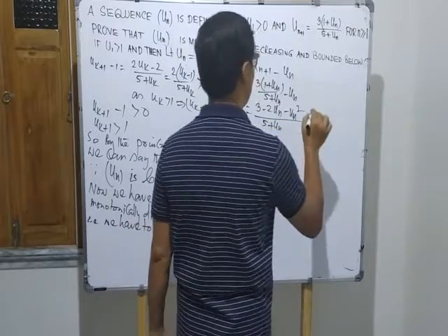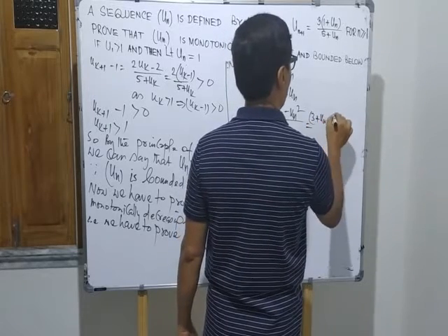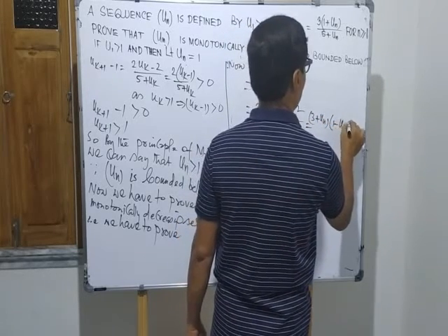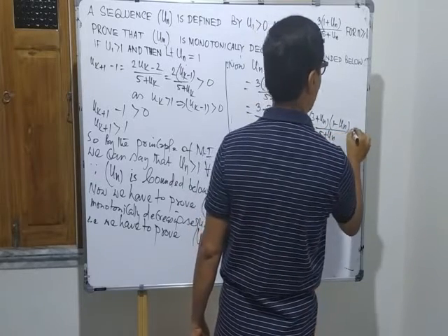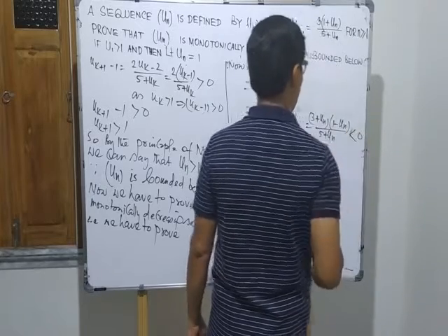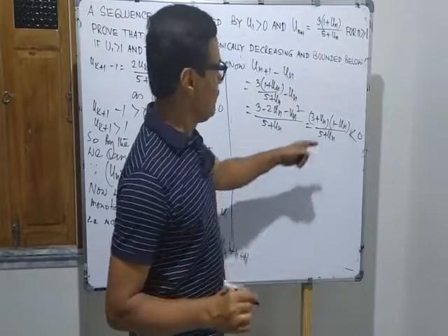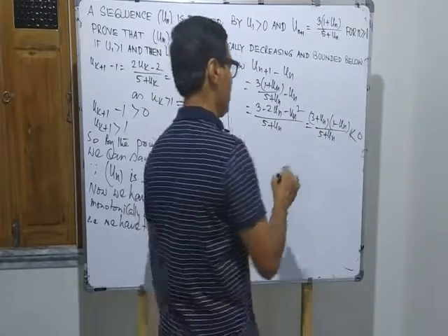This is equal to (3 plus u_n) into (1 minus u_n) over (5 plus u_n). This is less than 0 because we have already proved u_n is greater than 1 for all n belongs to the set of natural numbers.